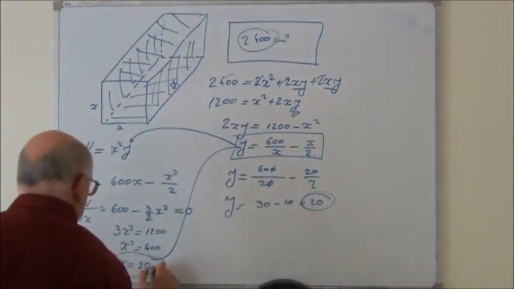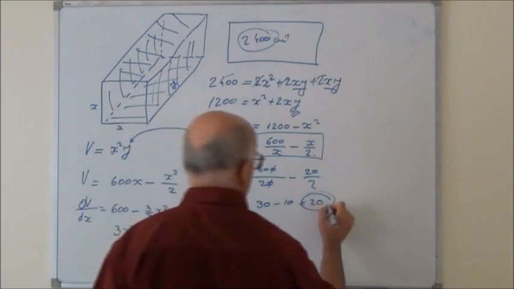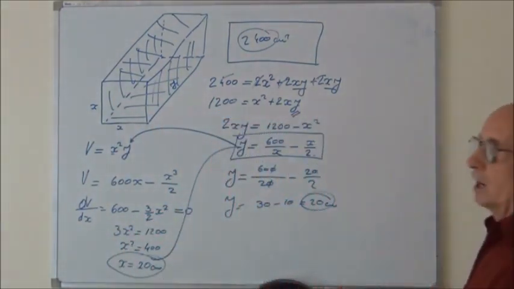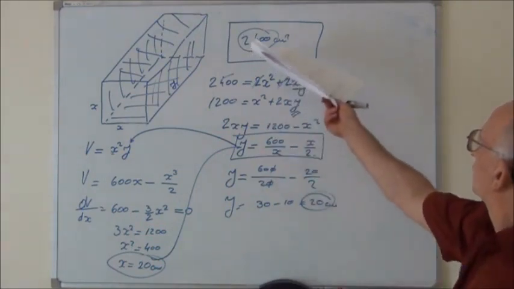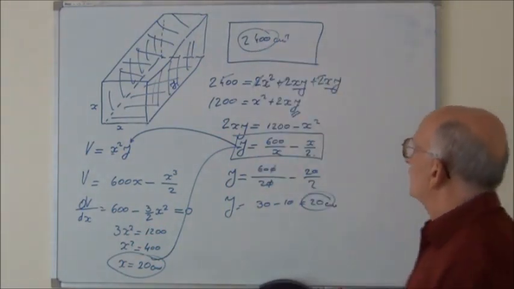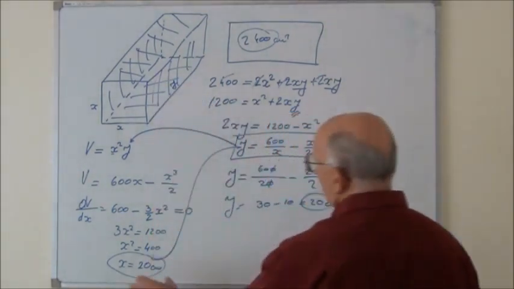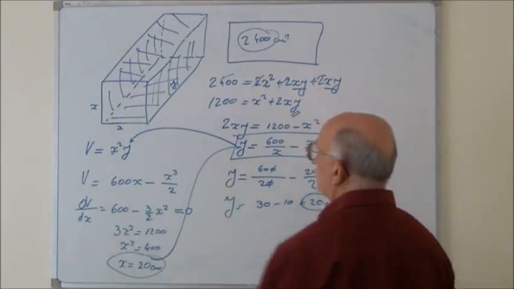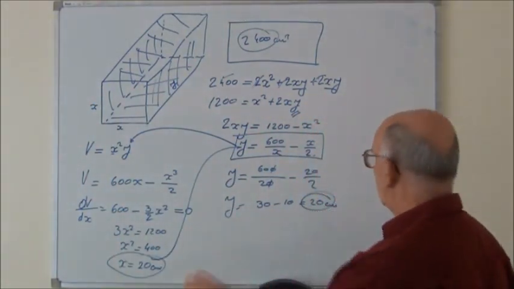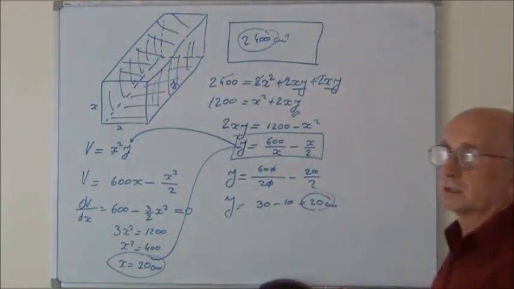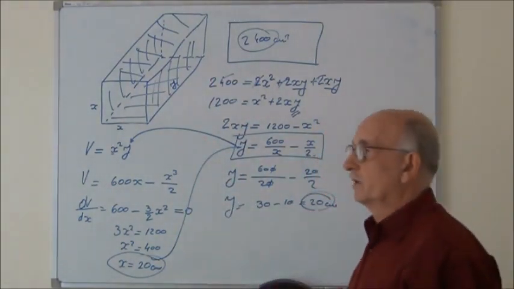Don't forget to write centimeters. So from that amount of cardboard we can make a box whose square ends will be 20 by 20, and also this length is 20, and that box will have maximum volume.